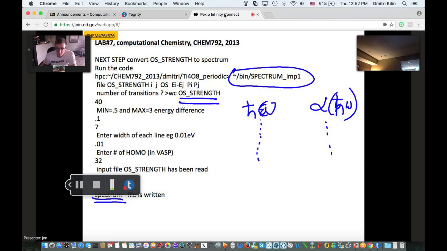And then it's also going to ask for what is the HOMO in the system. You can pull that from one of your other files, and then it should execute and write out this file called spectrum.